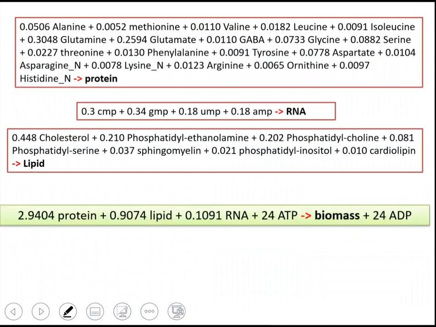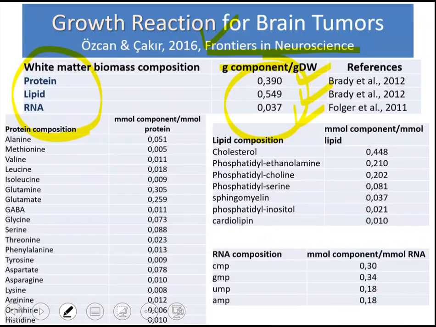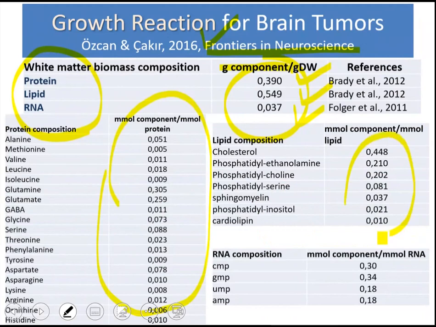Where will you see it? Here. You see, this is our biomass formation reaction. We also included the energy required to make those macromolecules. Again, from literature, we have found the amino acid composition for mammalian cells, lipid composition, and RNA composition.